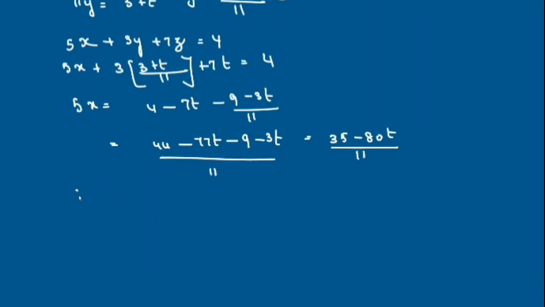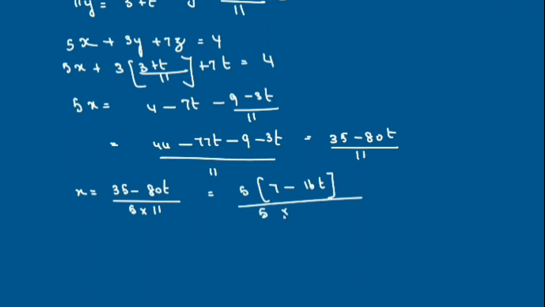So x will be equal to, bring this 5 down, so 35 minus 80t by 5 into 11. You can take out the common term outside, 5 is common here, so 7 minus 16t by 11.